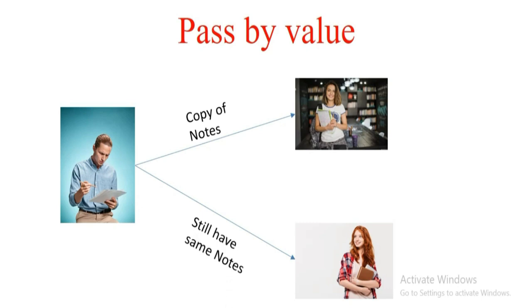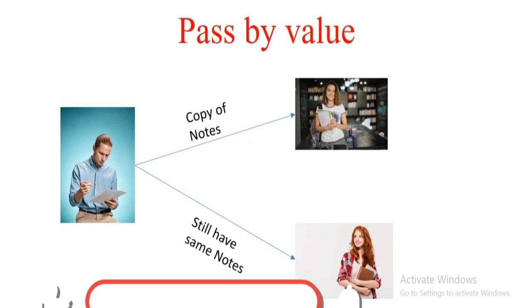So what does pass by value mean in programmatic terms? Pass by value means that the value of a function parameter is copied into another location of your memory. Rather than passing the real memory address, you are copying that value into another memory location. Say you have a memory location X with some value ABC. Now you put that ABC value into another location, say Z, and you access that ABC value from the Z location.